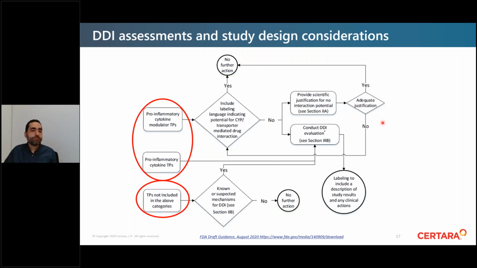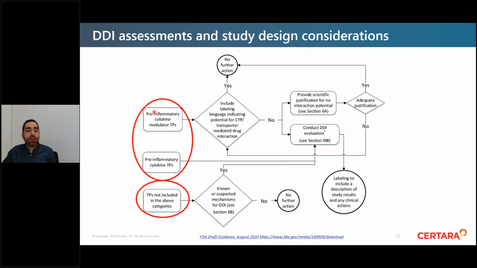So for the pro-inflammatory cytokine, if your drug is a cytokine, in this case there is no real question. You need to conduct a clinical DDI study to evaluate the risk for this therapeutic protein.